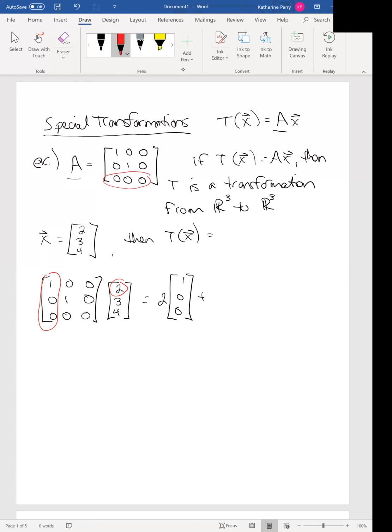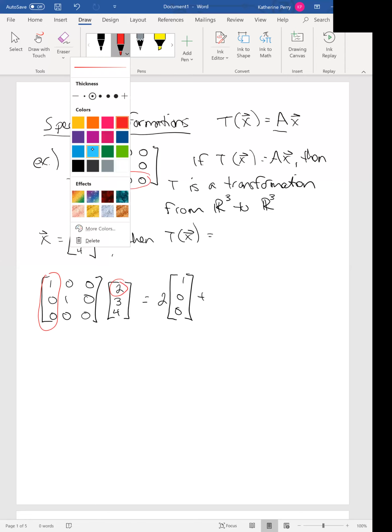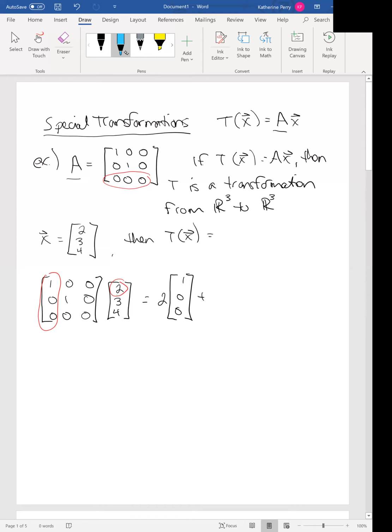and then I add that to, I wonder if I can switch this color. I actually don't know how to do that. Something to learn for another time. Oh wait, actually, here we go. Let's use blue. Okay, I take 3 and multiply it by this column, so second entry times the second column, 0, 1, 0.